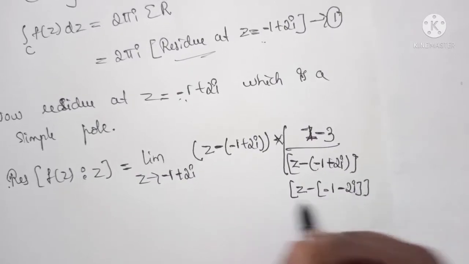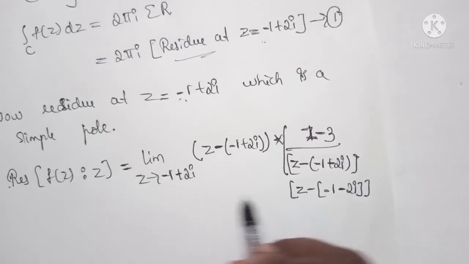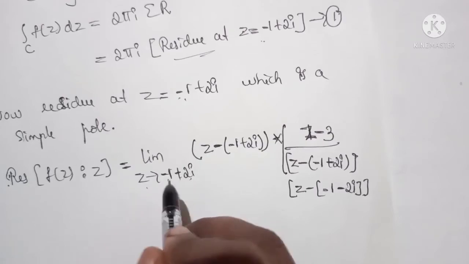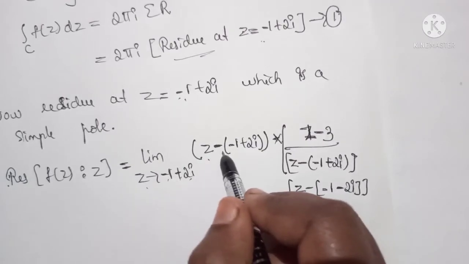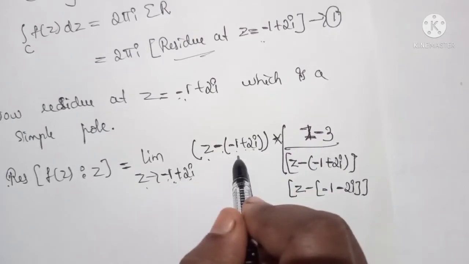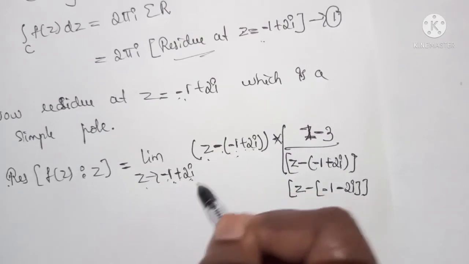So these two get cancelled. If I substitute z equals minus 1 plus 2i in the other factor, they are opposite in sign.